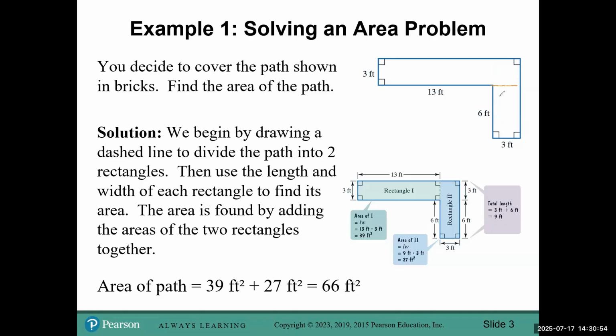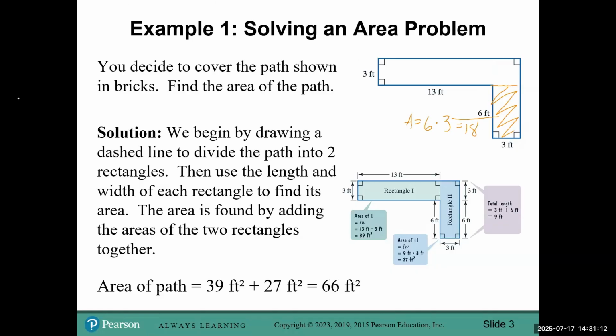So if I cut it this way, notice that this rectangle, what are its dimensions? Well, it's 6 feet in this direction and 3 feet in this direction. So this guy has an area of 6 times 3, which is 18.